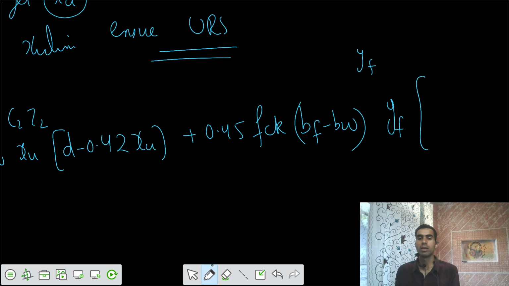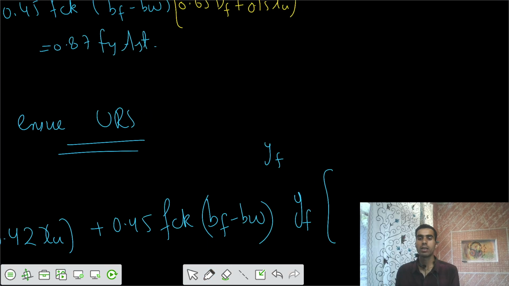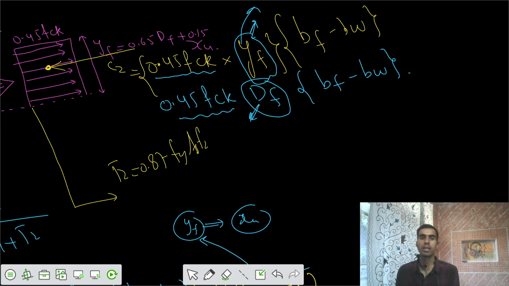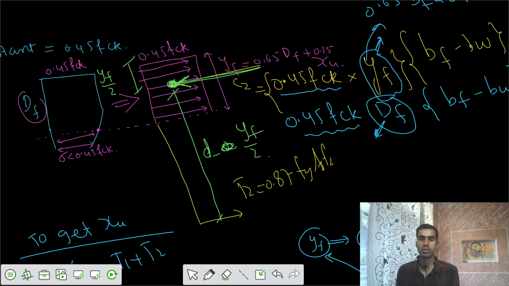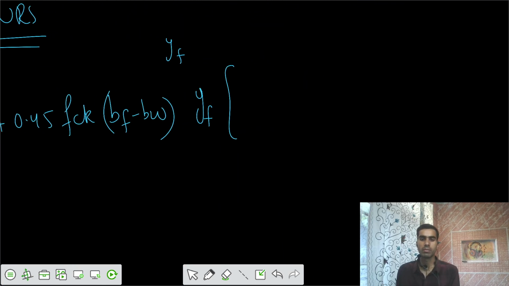We need to get the lever arm for the second force. Can you calculate that lever arm for the second force? The centroid of the C2 force is here. It's at a depth of YF by 2 from the top, such that your lever arm equals D minus YF by 2.